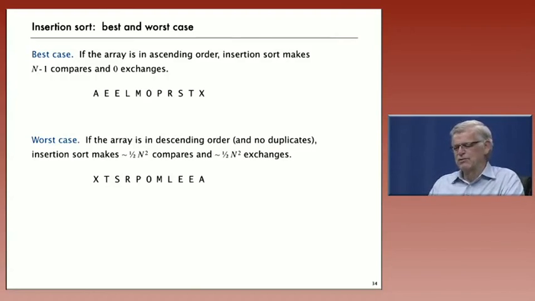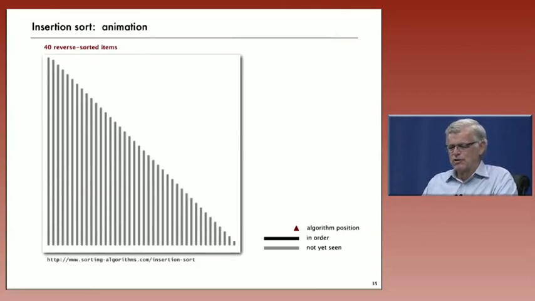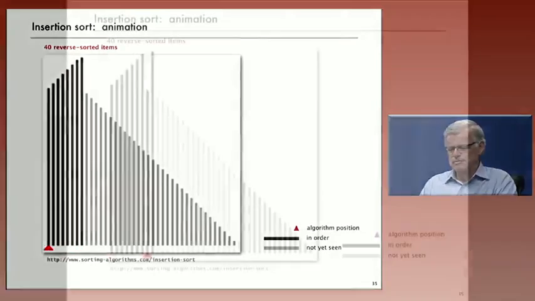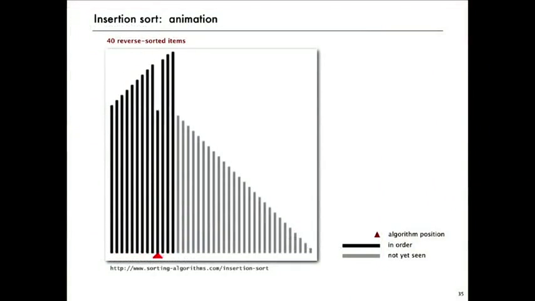So in the first case, it's much, much faster than selection sort, linear instead of quadratic. In the second case, it's slower than selection sort because it uses about the same number of compares, but it uses many more exchanges. So let's see that in the animation. This is when the items come in reverse order.